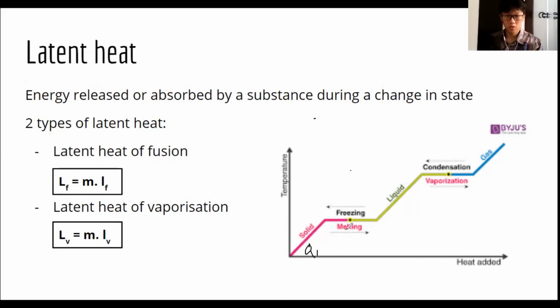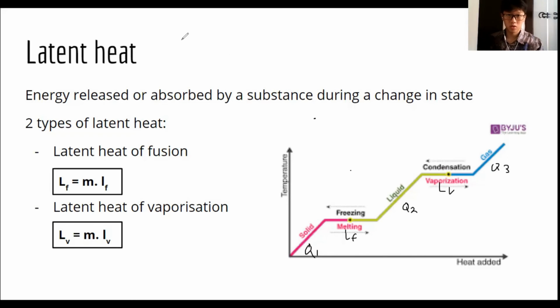At this point here, this will be LF, and from this point to this point, this will be Q2. At this point right here, there will be vaporization or condensation, so LV, and from gas onwards, this will be Q3. So this is the simple way to remember it.